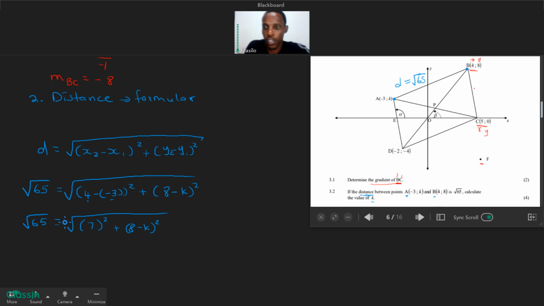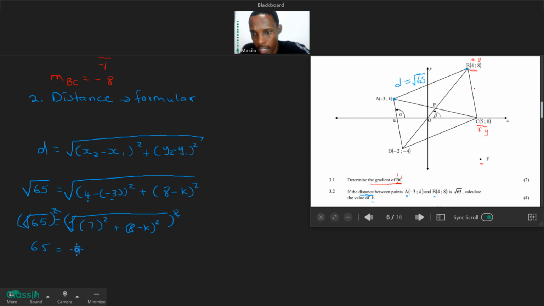Now, because of this, we're going to square both sides. Why do we square both sides? So that the square will cancel this square root of 65, and this one will cancel that.